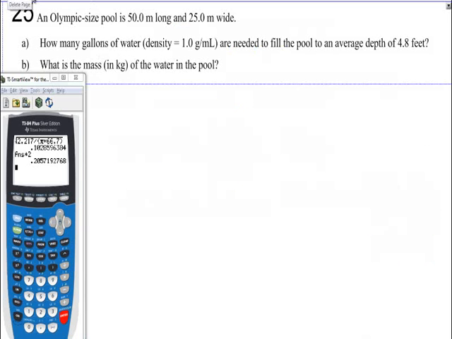Alright, we have an Olympic-sized swimming pool that is 25 meters long and 25 meters wide. How many gallons of water are needed to fill the pool to a depth of 4.8 feet? Okay, so I have feet here, I have meters here, and I need to convert one of them to the other.